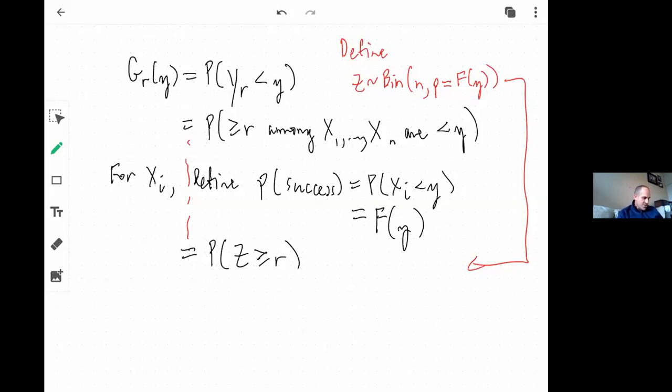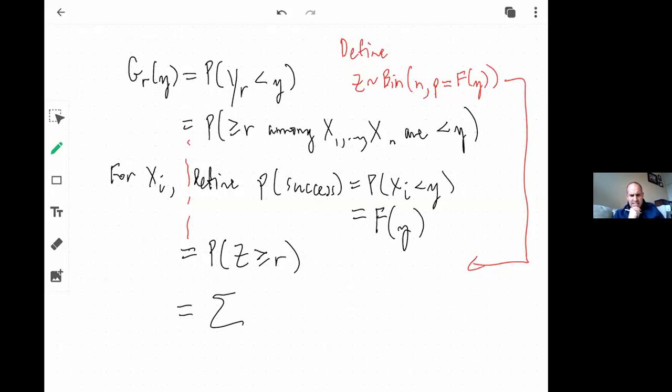Now here's the thing. What's interesting is I can actually write down a formula for this, since we're complete and utter experts when it comes to the binomial distribution, are we not? So let's write this down. Is this not just going to be the sum of what?